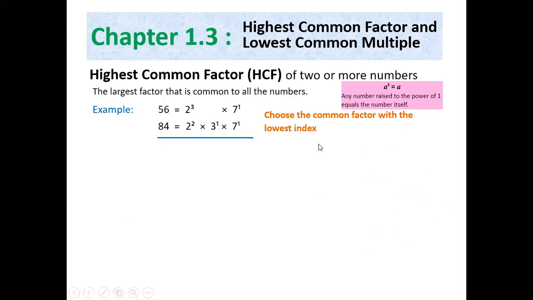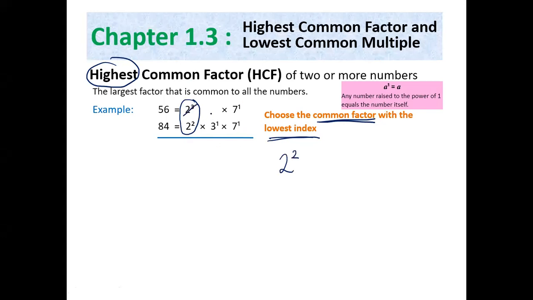Next, choose the common factor with the lowest index. Highest common factor means finding the lowest index with a common factor. You have to pick between 2 cubed and 2 squared. Which one is the smallest? 2 squared, right? Take the smallest one.